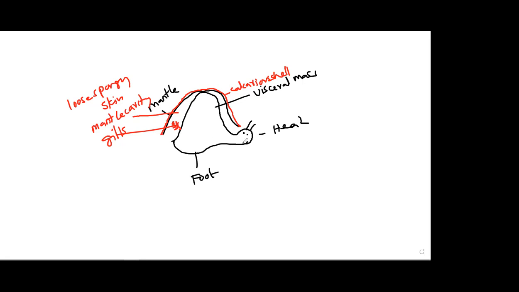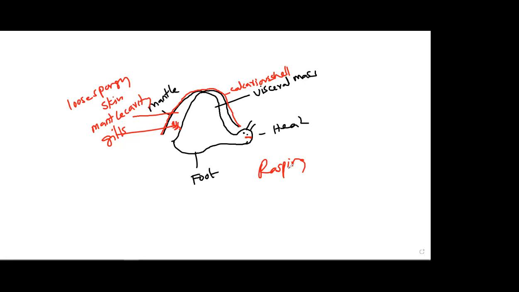Anteriorly, there is a head with sense organs, and very important, the buccal cavity has a rasping organ. Rasping means a rough tongue, which can cut the food into small pieces.